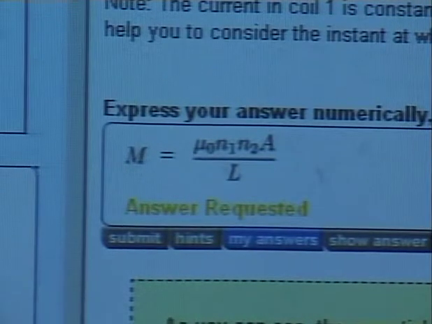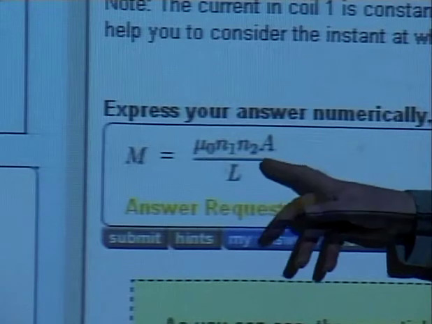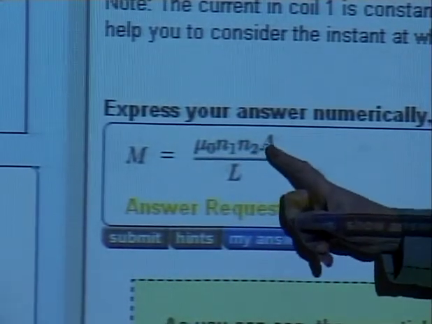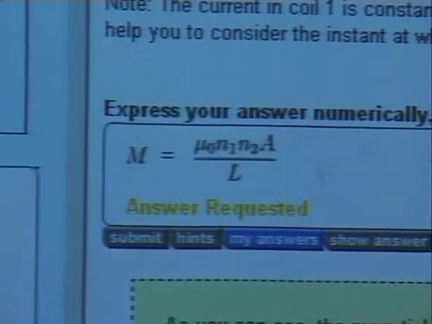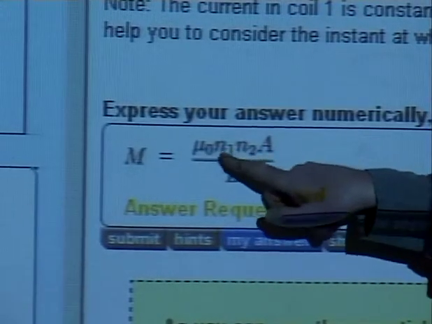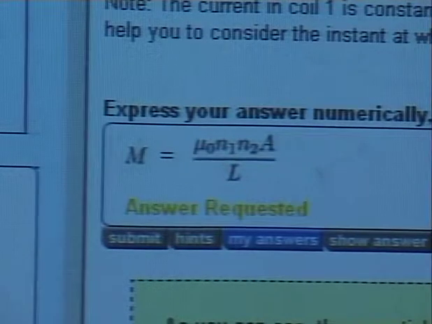And it's a funny thing because look at this. Look what you have here. You have area divided by L, which will give you meters, and you've got turns, just numbers. Then you got your good old permeability of free space, which tells us what the thing is.